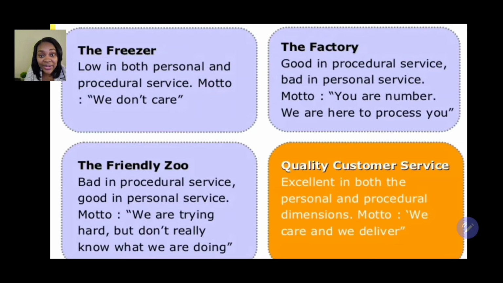We don't care, because guess what? It is low in personal service. So those attributes, skills, empathy, and responsiveness that we should be displaying to get customers to return to the business and also to attract new customers, all of those characteristics.